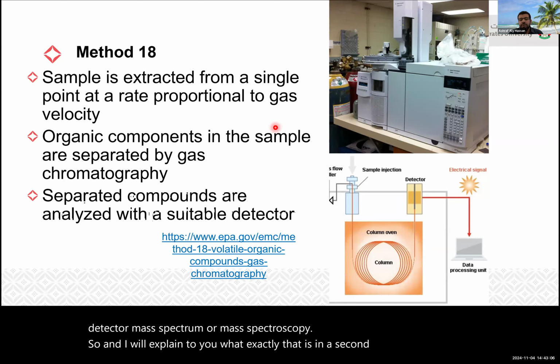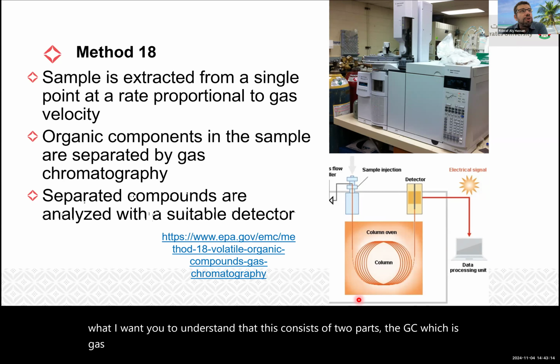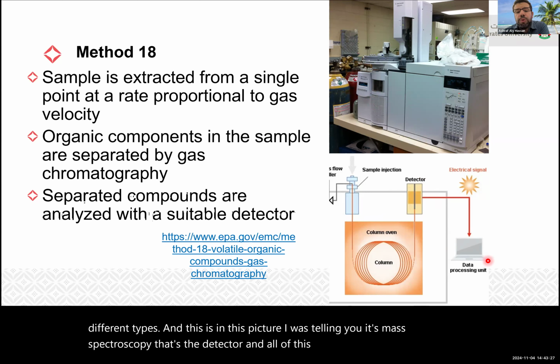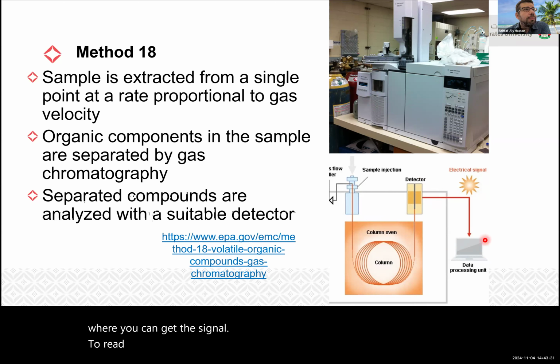I want you to understand that this consists of two parts: the GC, gas chromatography, this orange one, and the detector, which could be of different types. In this picture, the detector is mass spectroscopy. And all of this is connected to a computer where you can get a signal to read the concentrations.